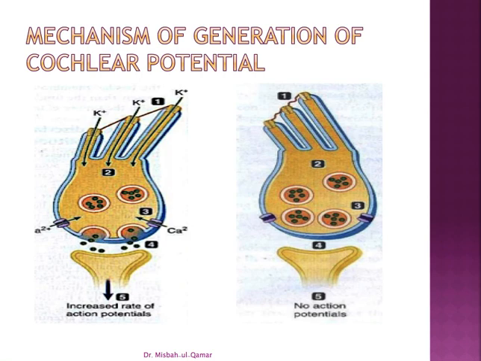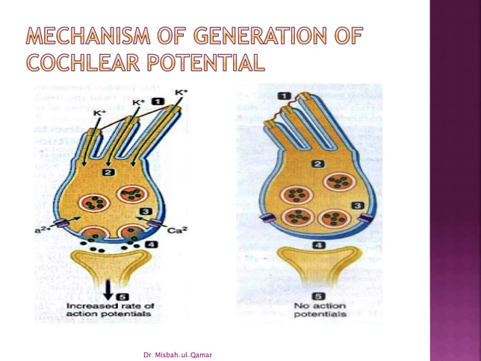If we are talking about depolarization, in the first step the tip links stretch and they open the channels when the stereocilia bend toward the tallest member. So when the channels open, the potassium ion in the endolymph enters. There is influx of the potassium ion, and the hair cell depolarizes.